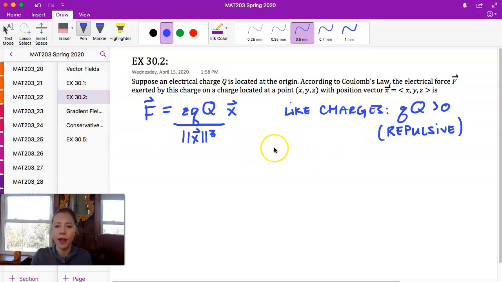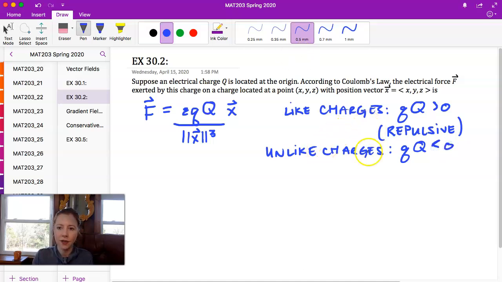If you have unlike charges, in that case, we'll have a different sign for each charge. So it'd be a negative times a positive or a positive times a negative. So little q times big Q is going to be less than 0.